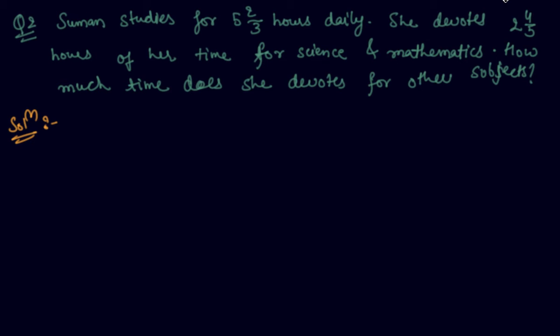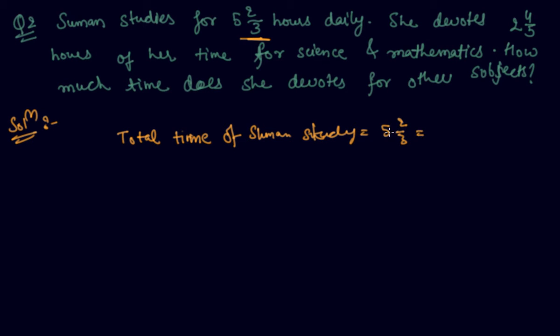Students, here is another question which states that Suman studies for 5 and 2 by 3 hours daily. So the total study time of Suman will be 5 and 2 by 3.